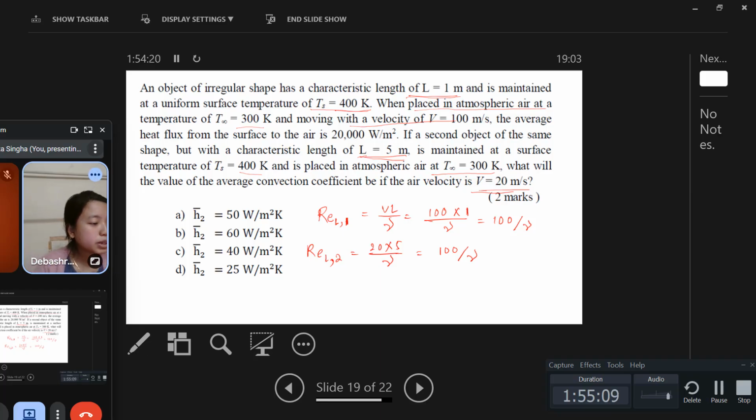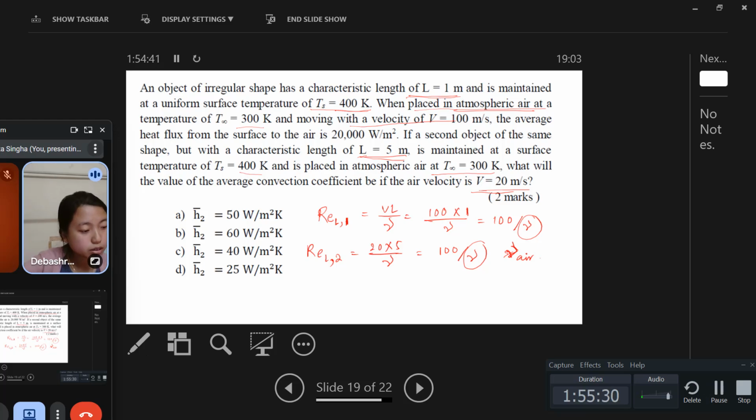Now they're placed in the same environment, so the fluid characteristics can be considered the same. That means nu is constant. They're placed in atmospheric air, so nu of air will remain constant.